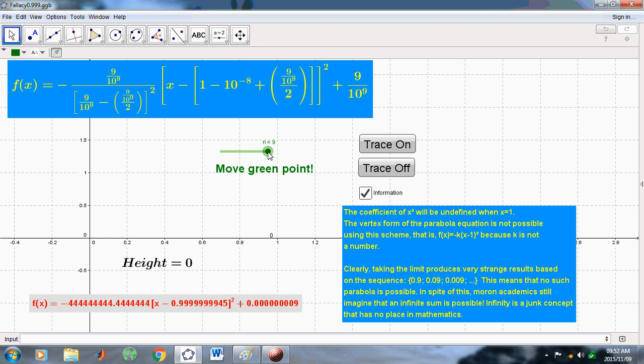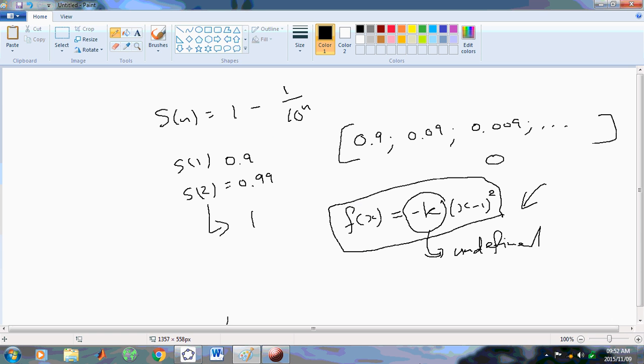All right. And yet this here is the very basis for the fallacy that says 0.999... is equal to 1. That's completely untrue.